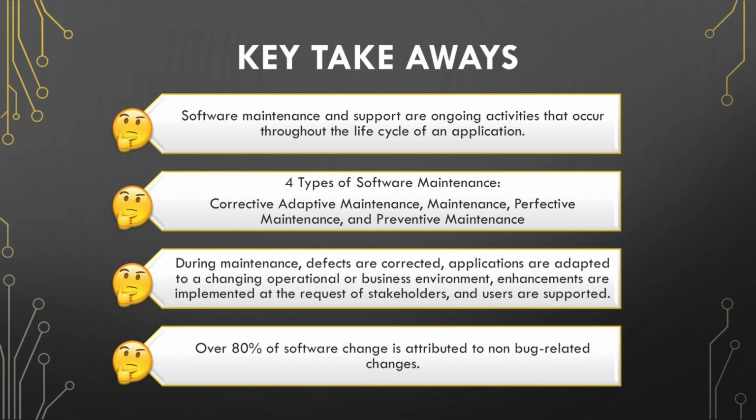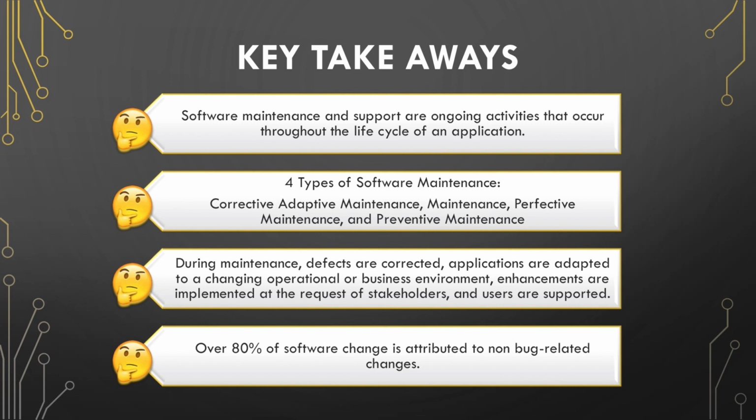So as I conclude, I want you to remember that software maintenance is an essential and ongoing part of the software development lifecycle. It is necessary for the success and evolution of your system. Maintenance on software goes far beyond fixing bugs. During this video, we discussed the 4 main types of software maintenance: corrective maintenance, adaptive maintenance, perfective maintenance, and preventive maintenance.